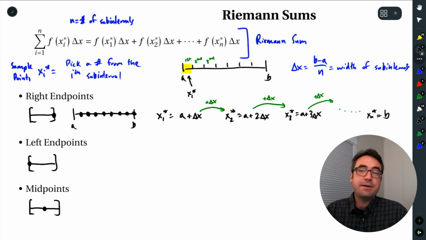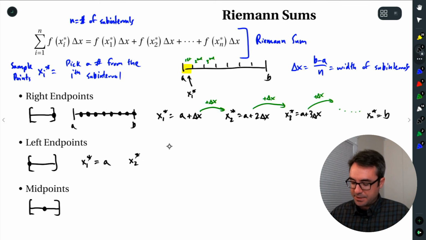Now, if we're going to use left endpoints, that's also perfectly fine. The process is going to be very similar. For the right endpoints, we start with A plus delta x. For the left endpoints, we're just starting with A. Then we repeat the process and get x2 star, x3 star, and so on, by adding delta x.